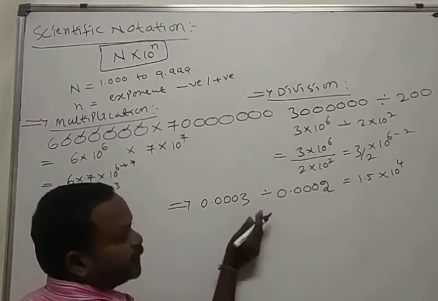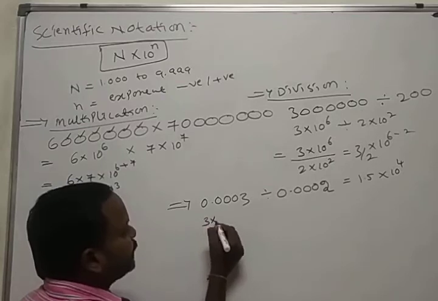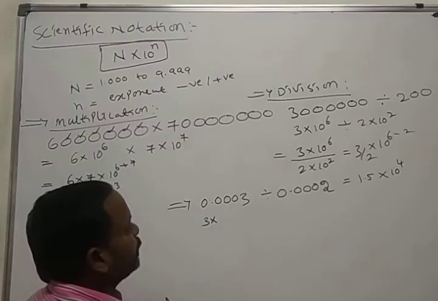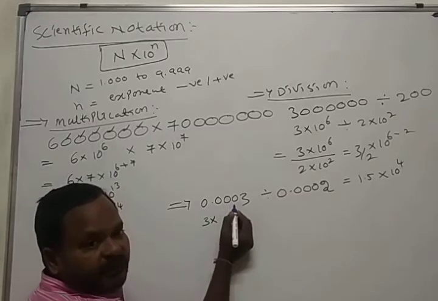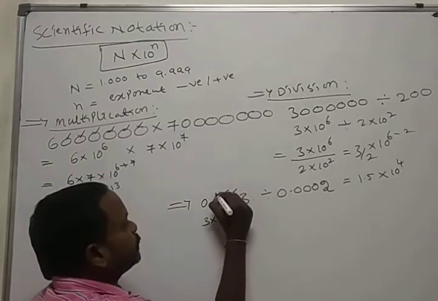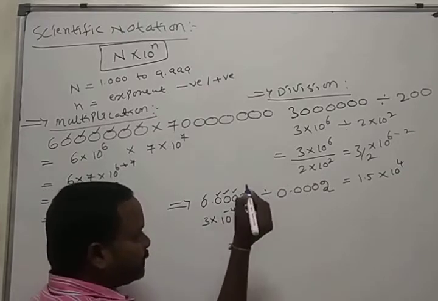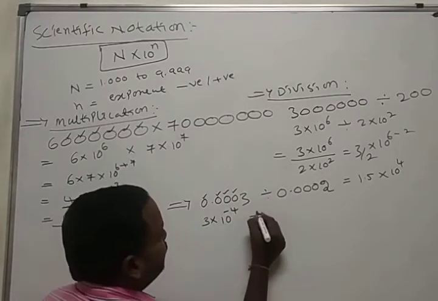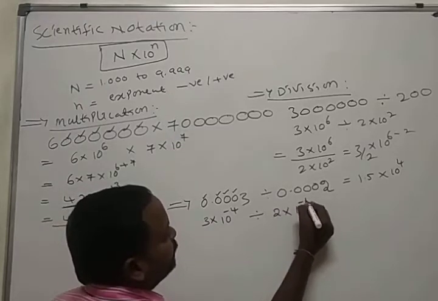How to write the scientific notation form of this one? 3 into, how many zeros are there? 1, 2, 3, 4, base 10 to the power of minus 4. Division with 2 into 10 to the power of minus 4.